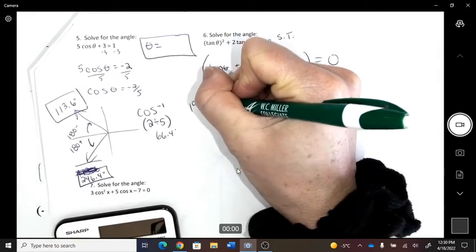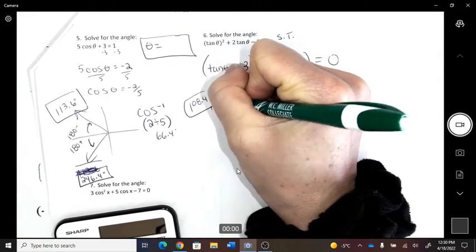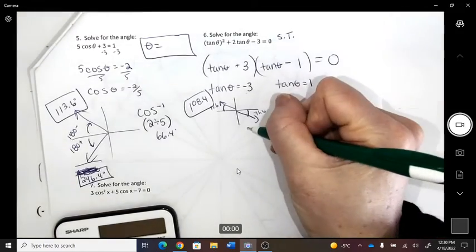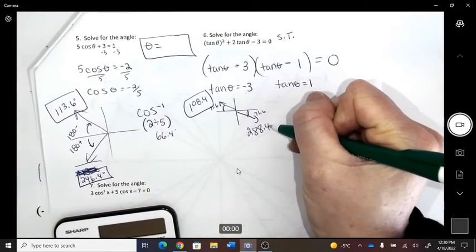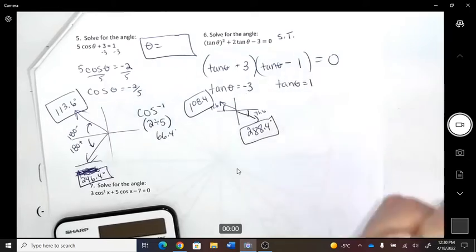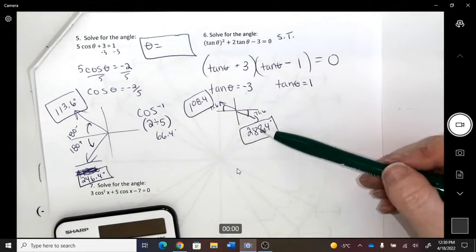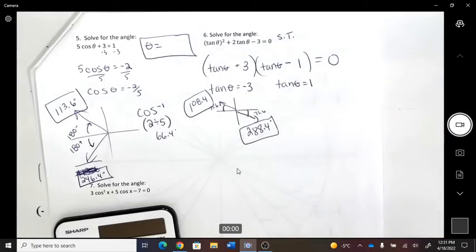Okay, 108.4. Right? 360 minus that. 180 minus that.